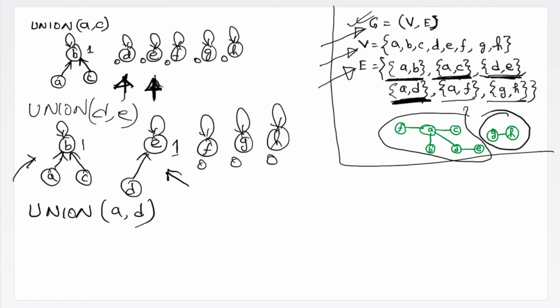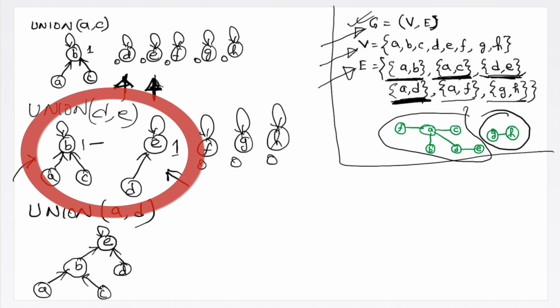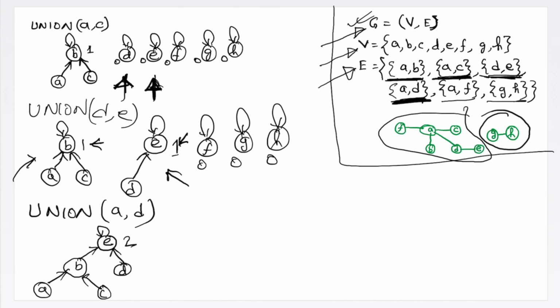When we combine them, since they have equal height, we take the root of the second tree as the root of the combined tree. Since both these trees had a height of 1, we will have a height of 2 for this newly created tree. The rest of the trees will remain the same.